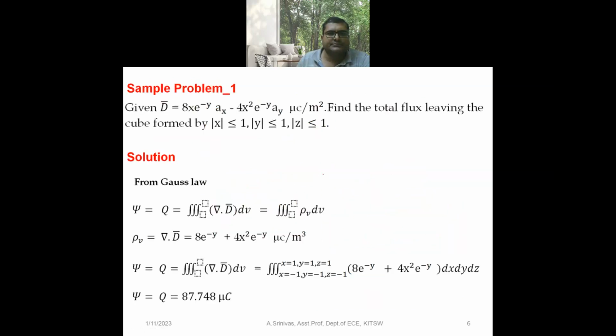Refer to the sample problem. It is based on the differential form of Gauss law. The value of D is given. You are supposed to calculate del dot D, and then apply the volume integral to determine the amount of charge enclosed by the surface.